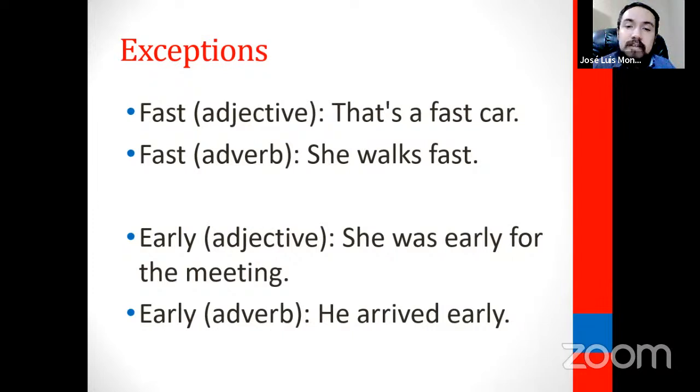It doesn't change. Early, early, it's an adjective, it's an adverb. She was early for the meeting. Adjective. She was early. We're describing her. And he arrived early. That's how he arrived in this case.